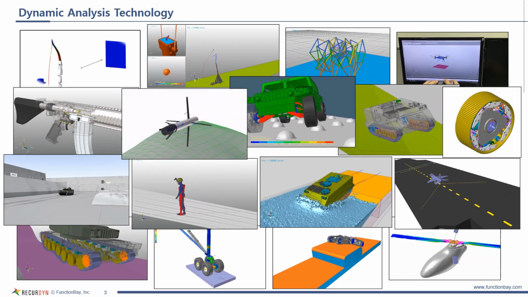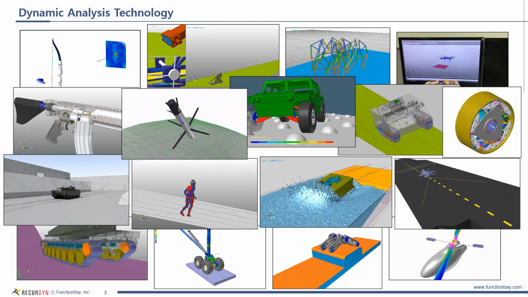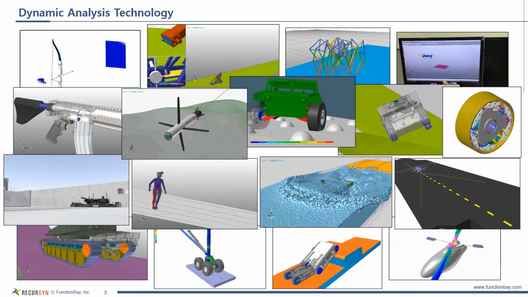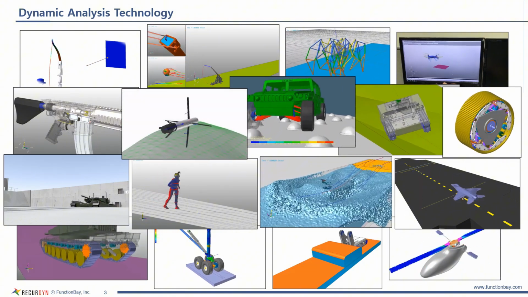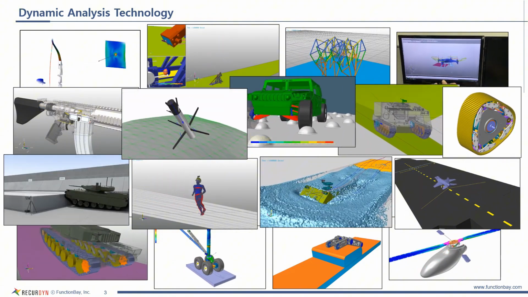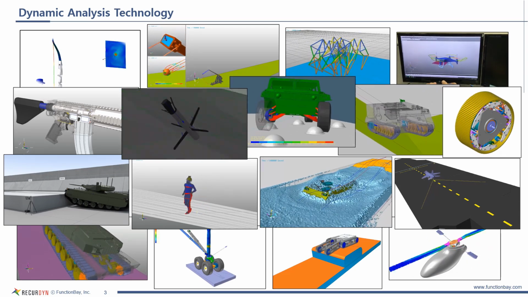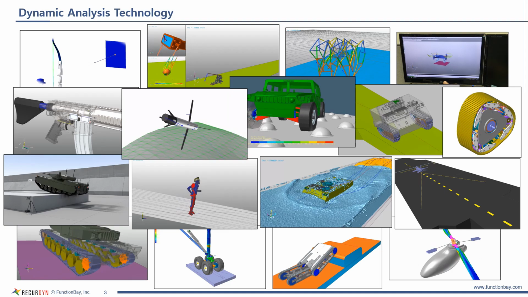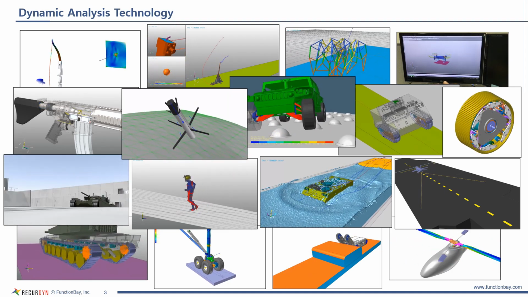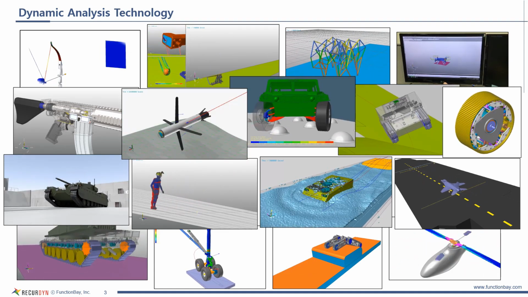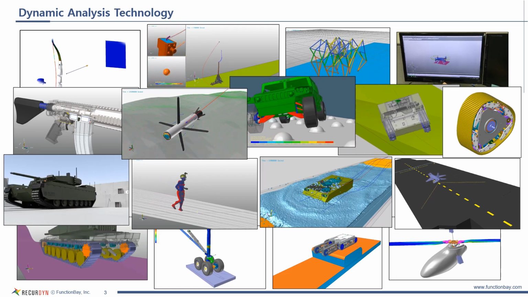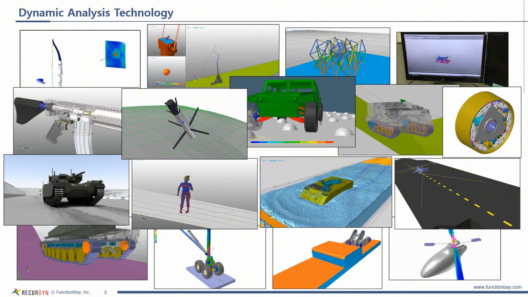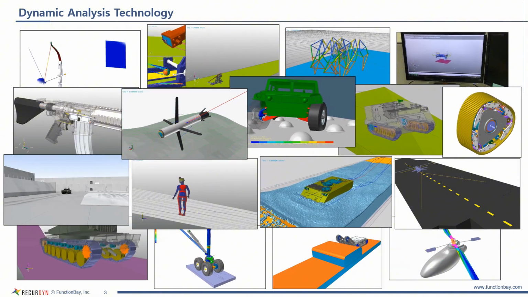The clips are various examples of dynamic analysis technologies applied to the defense industry. As we explore different sectors, you will see applications ranging from traditional mechanical mechanisms such as rifles and robots to unmanned systems such as drones and missiles, vehicles and tanks operating off-road, and even aerospace mechanisms.